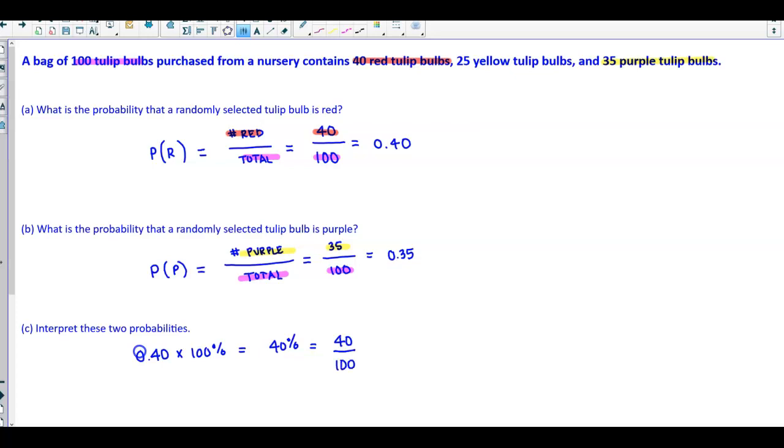So that means 40 out of 100 are red tulips. And likewise, if we take that 0.35 and convert it to a percent, that's going to equal 35%. How do we write that as a fraction? That is 35 out of 100. So that means 35 out of 100 are purple tulip bulbs.